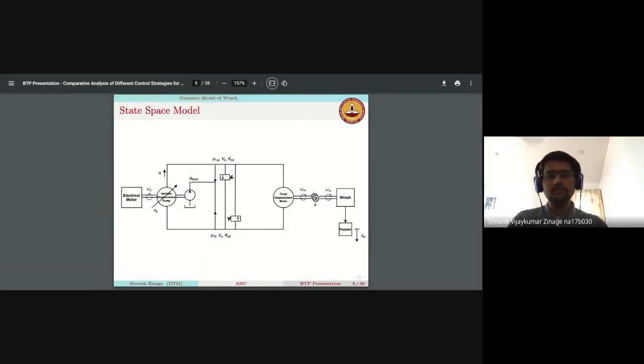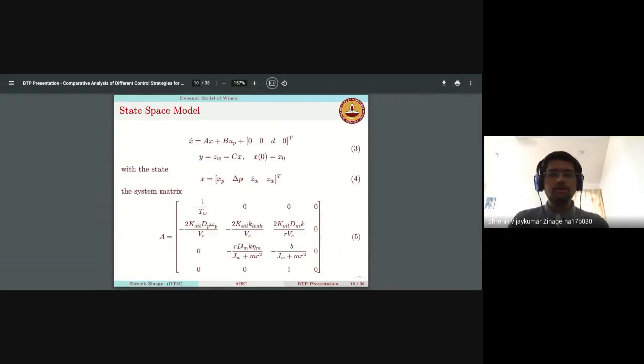Yes. So now talking about the dynamic model of the winch. The state space model for the winch is given as per equation 3, where A is the system matrix, B is the input matrix. Now our primary objective is to make sure that the output Y, which is the ZW, which indicates the reel length of the rope above the crane's extreme end point, tracks the exact opposite of the ship's net heave.